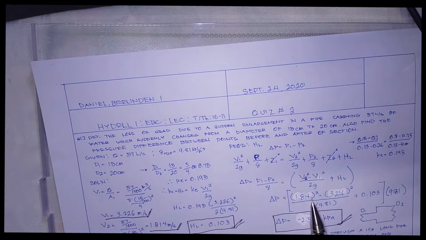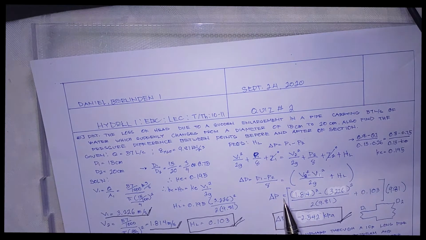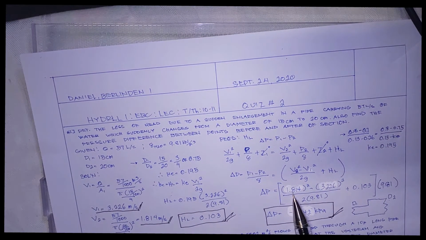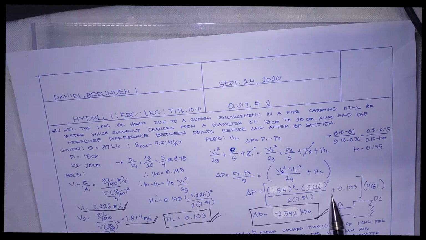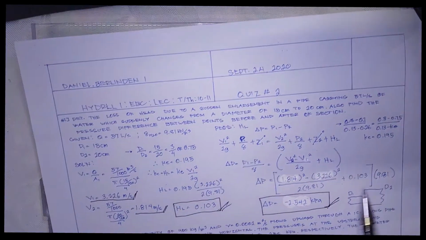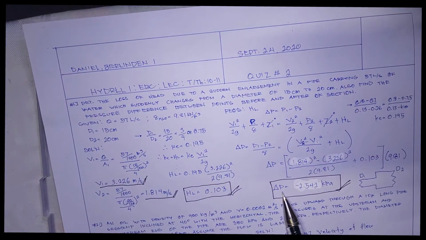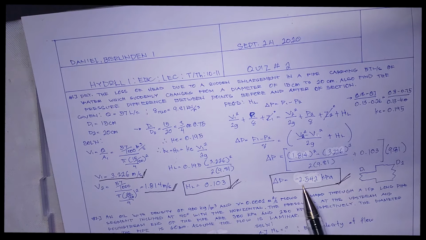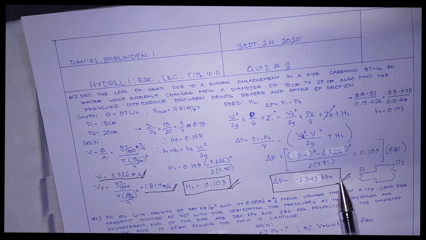So substituting the values, change in pressure is equals to 1.814 squared minus 3.226 squared over 2 times 9.81 plus the head loss, which is equal to 0.103, multiplied by the specific weight of water. So we have the value of change in pressure, which is equivalent to negative 2.542 kilopascal. So that's the answer for change in pressure.